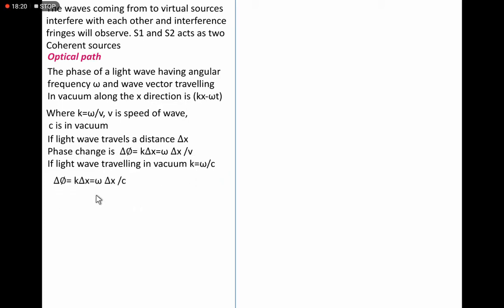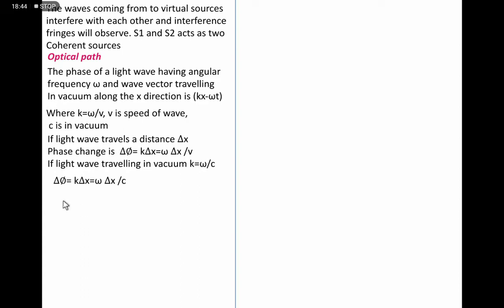Then the equation for the phase difference is delta phi equal to k delta x, where delta x is the path difference. The formula for the phase difference is k, the constant wave vector, times the path difference.